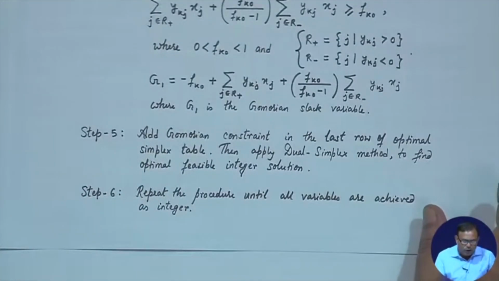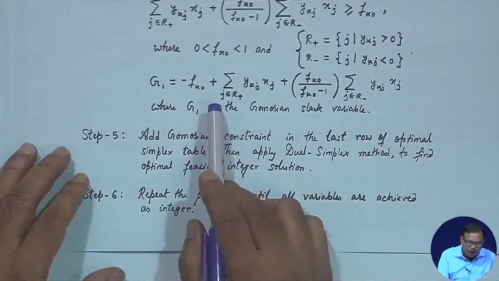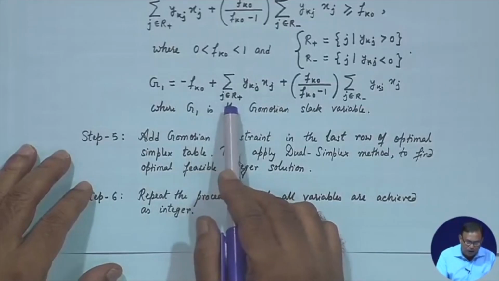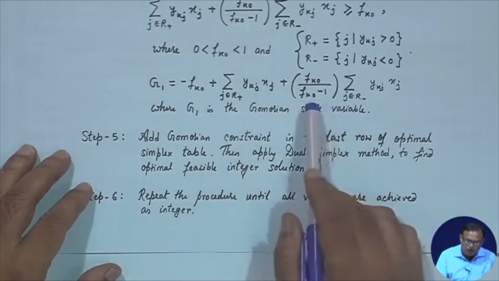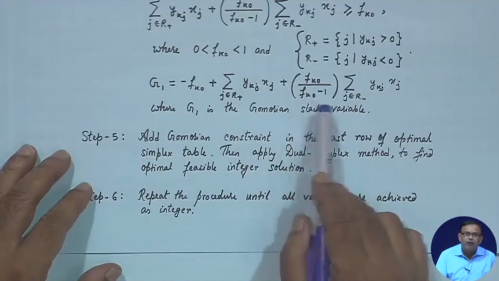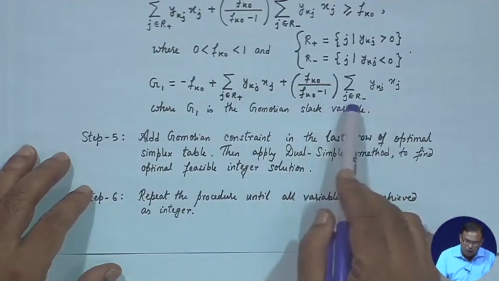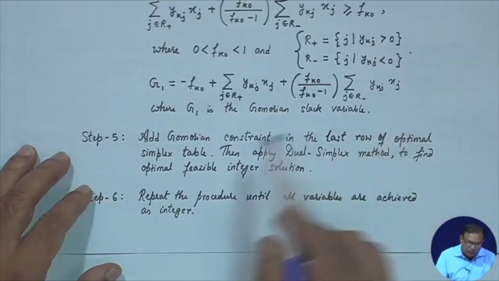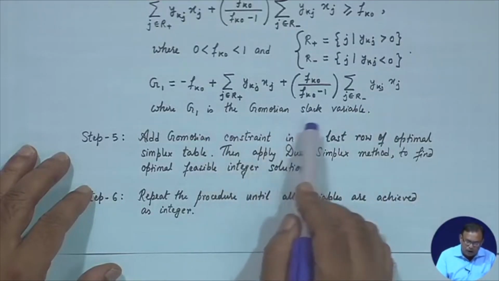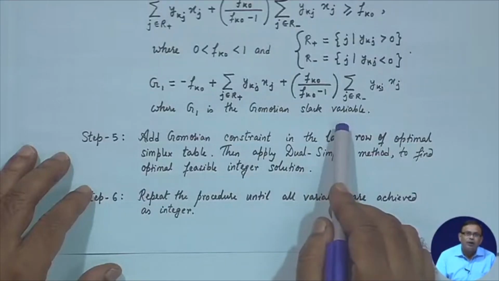So, your g 1 is this one, that is minus f k 0 plus summation j belongs to R plus y k j x j plus f k 0 by f k 0 minus 1 summation over j belongs to R minus y k j x j, where g 1 is the Gomorian slack variable.